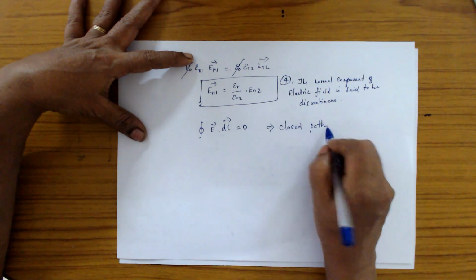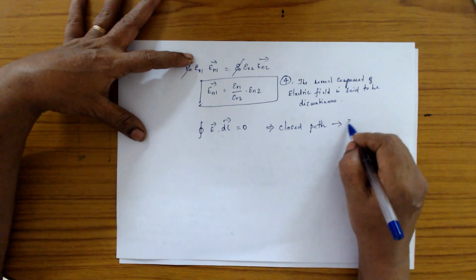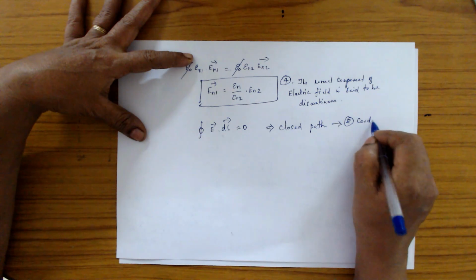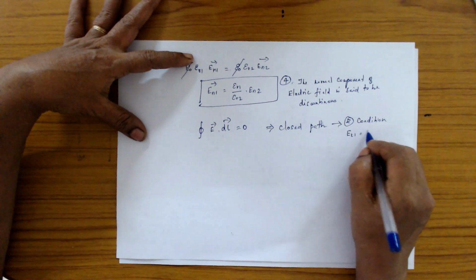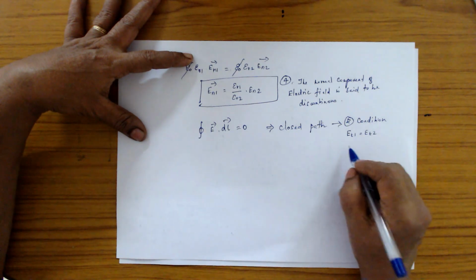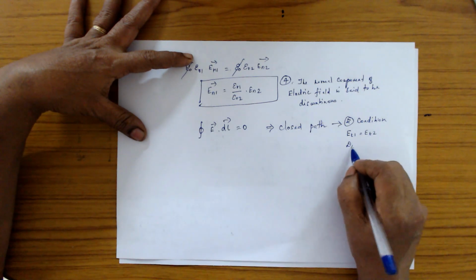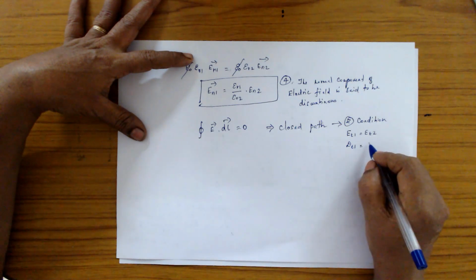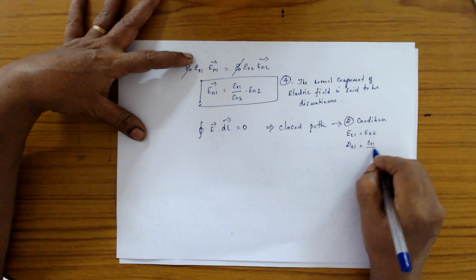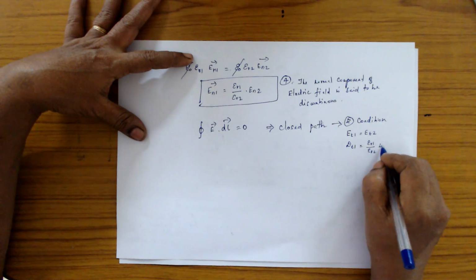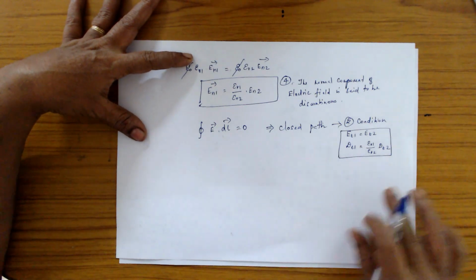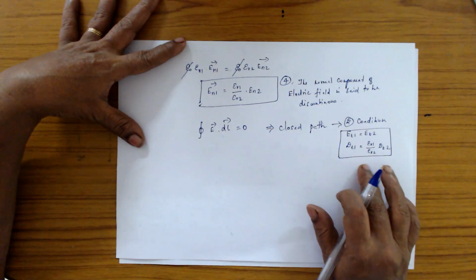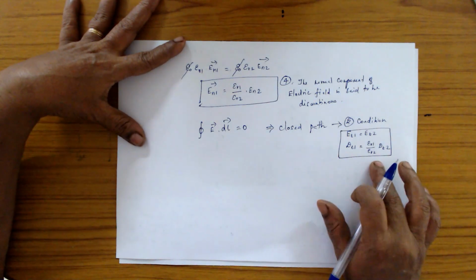From this we have derived two conditions: Et1 is equal to Et2, and then Dt1 is equal to epsilon r1 by epsilon r2 into Dt2. These are the two conditions we have finalized, which are for the tangential component.